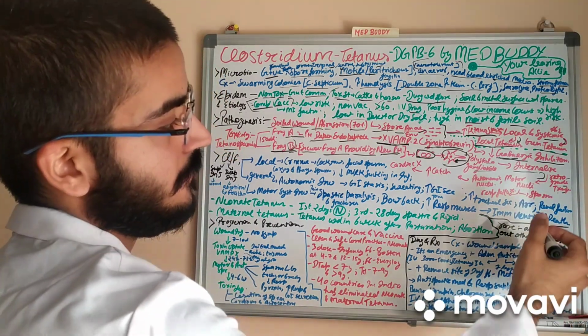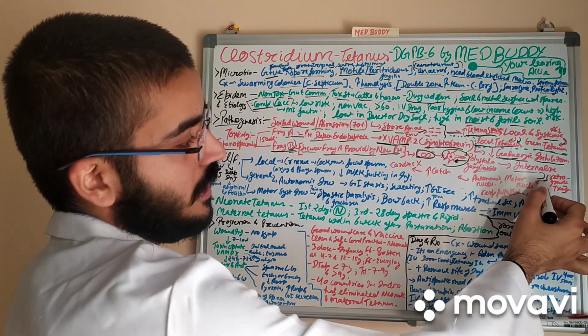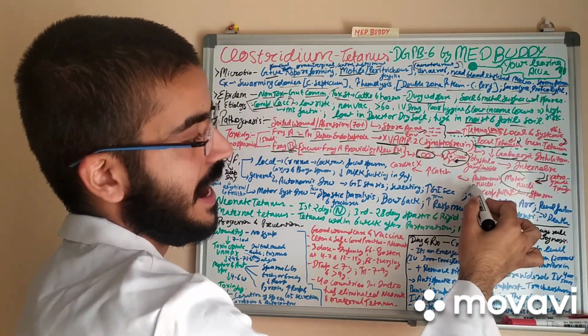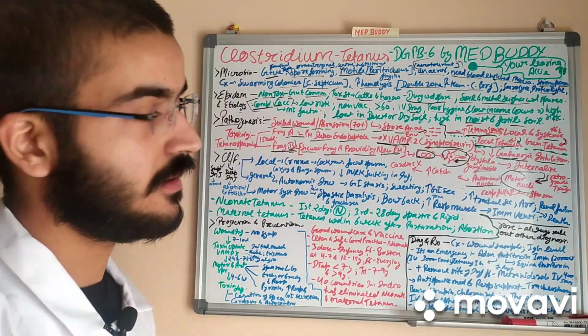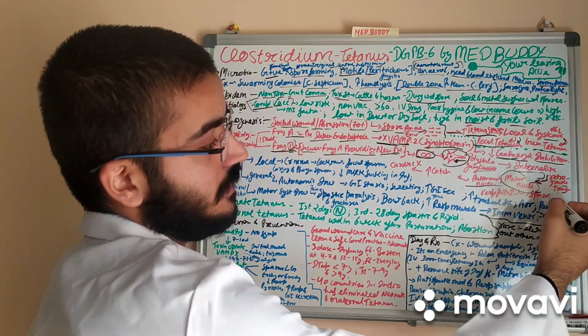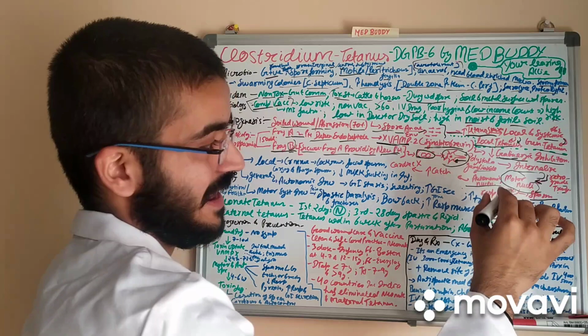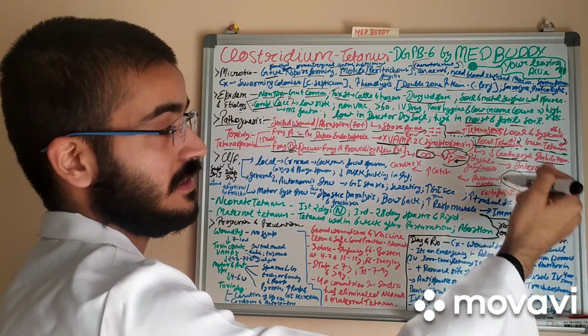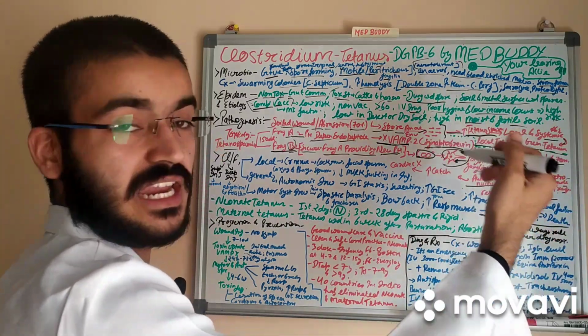From there, later it will get stored in the motor nuclei and the autonomic nuclei. When this tetanospasmin gets stored in motor nuclei, they will be inhibited.